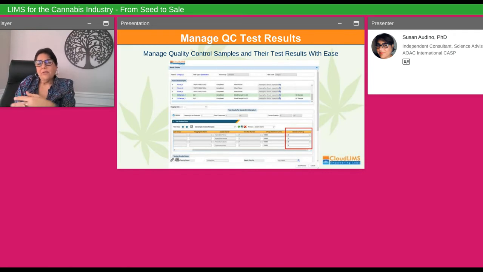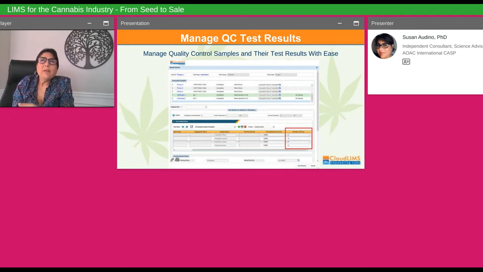And this is an enormous help in a laboratory, because if the LIMS is evaluating the data for us, we can take personnel away and improve the laboratory efficiency.